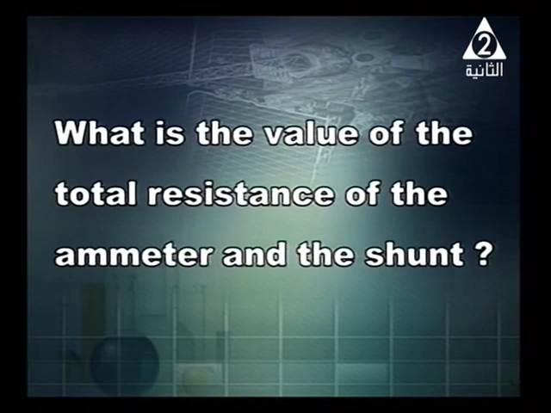What is the value of the total resistance of the ammeter and the shunt? The resistance of the galvanometer equals 24. We want to reduce sensitivity to 1/4. This means that I equals 4 Ig. The ratio between Ig to I equals 1/4. So I equals 4 Ig.